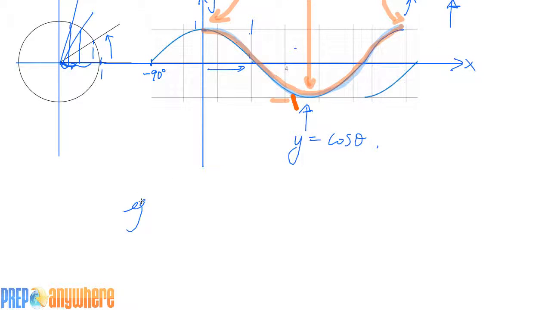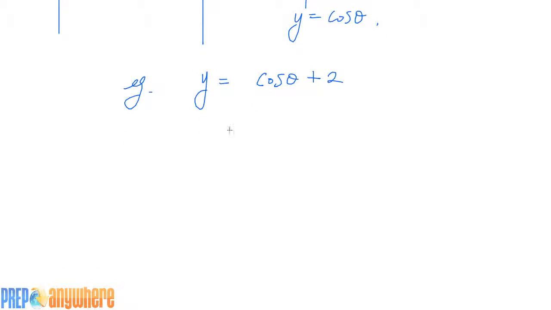Let's do an example of a vertical shift. Let's say y is equal to cosine of theta plus 2. Where does it start then?